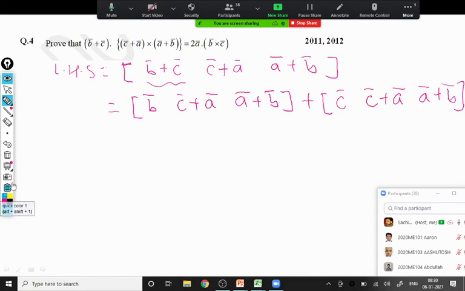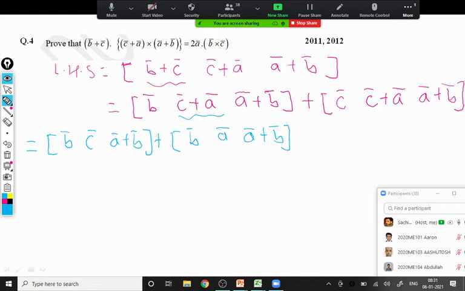So we apply the distributive property to this term, and we get the box product of B, C, A plus B, plus B, A plus B. We applied the distributive property to the first box product, and it is converted into a sum of two. Again the same thing we can do.